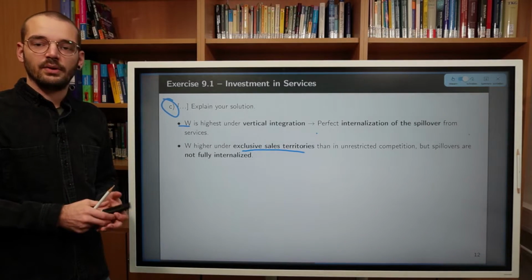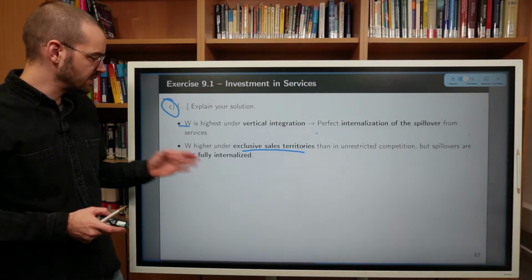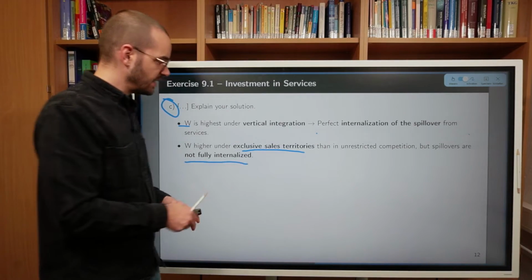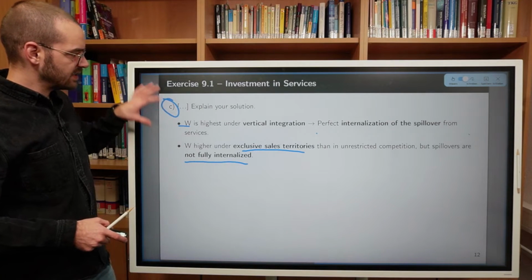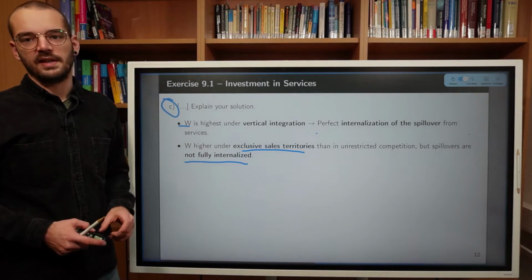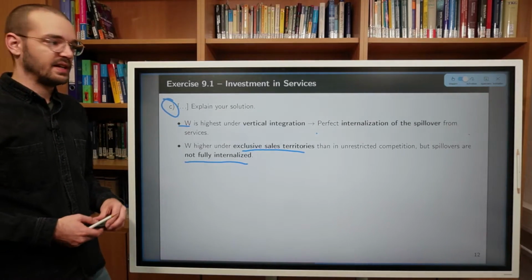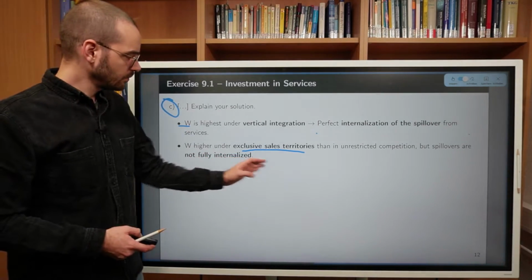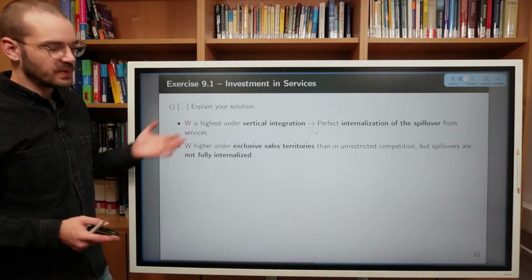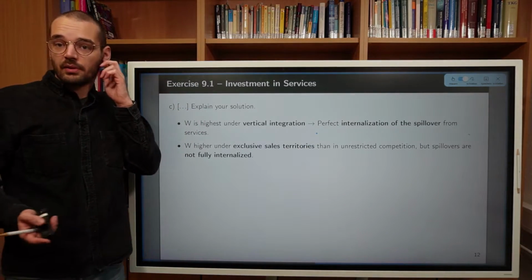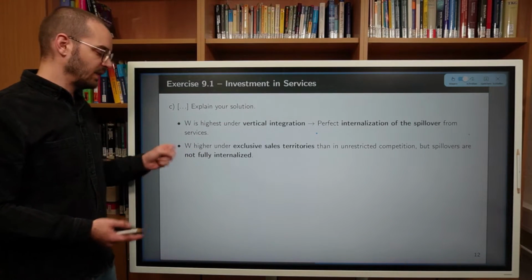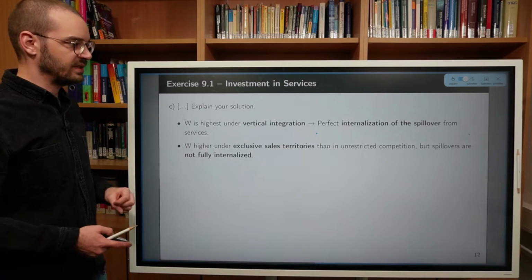It is, however, a reduced extent, but it's still not 0. Simply because in this case that we analyzed under task C, we have a non-perfect internalization of these spillover effects. Right. And of course, in the benchmark situation where there was benchmark competition, we had 0 internalization of the spillover effect that comes from providing services E.